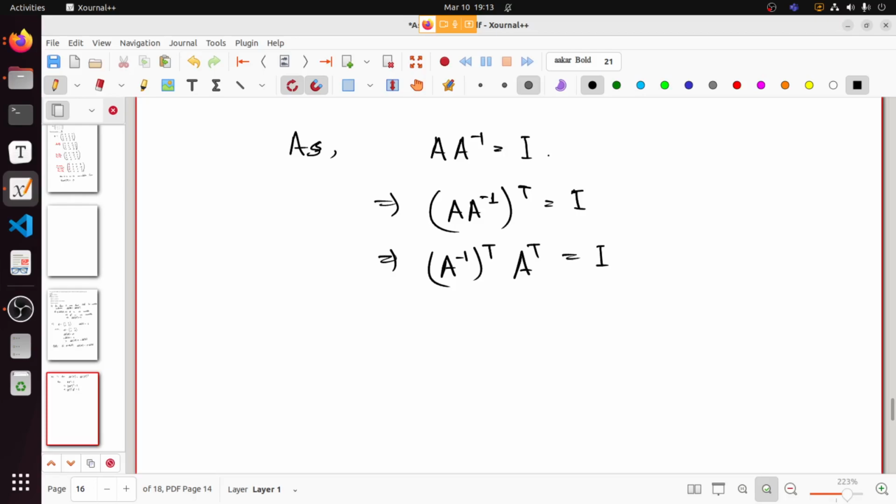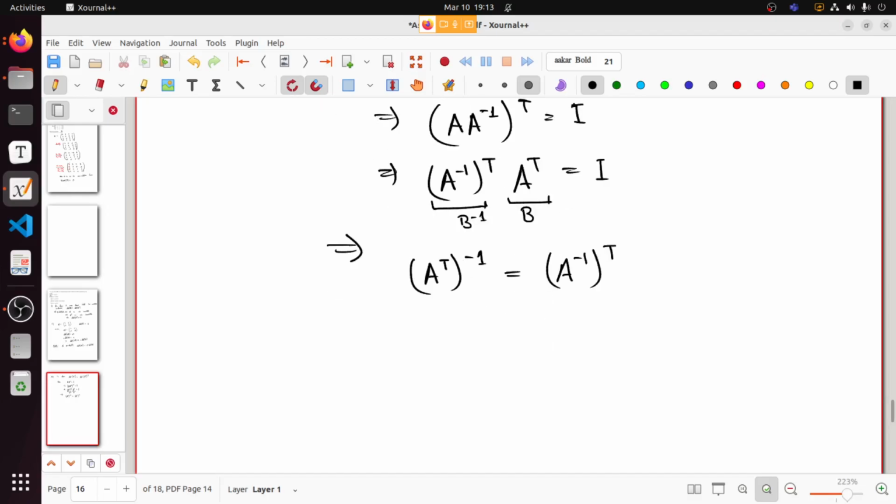Suppose A inverse transpose is the matrix B, then A transpose is the B inverse, because the product is identity. Which implies A transpose inverse is A inverse transpose, right?